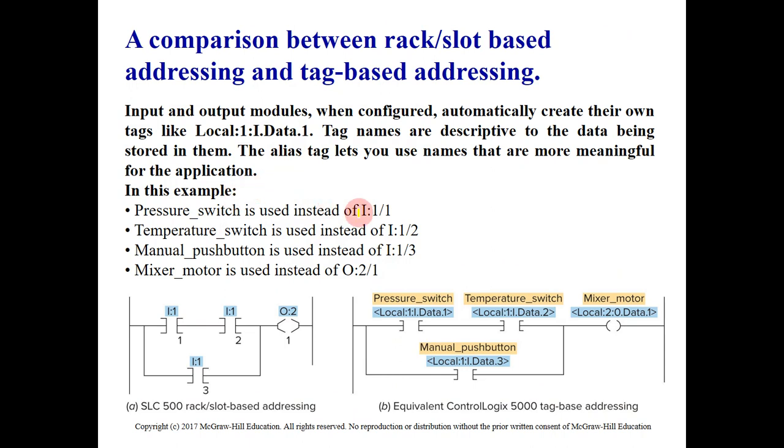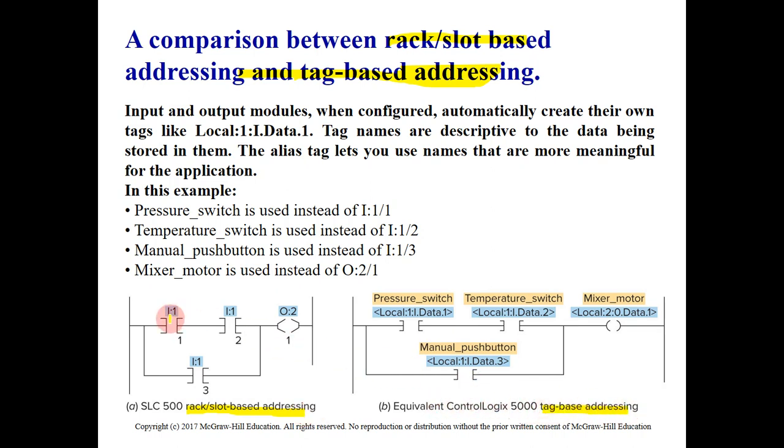This is a comparison between rack slot based addressing and tag based addressing. Here on the left and on the right, we actually have the same system, but in the left system we use rack slot based addressing, and on the right we have the equivalent tag based addressing.